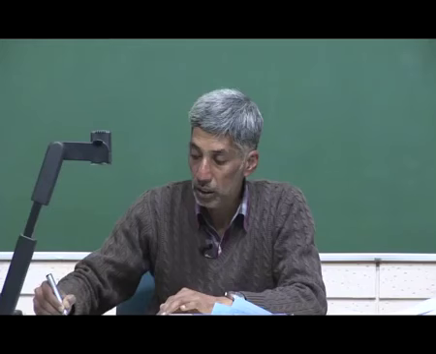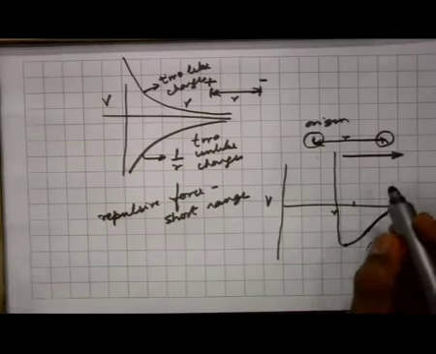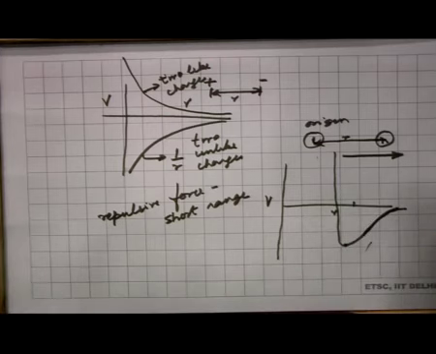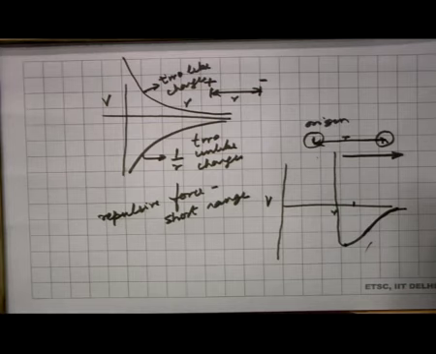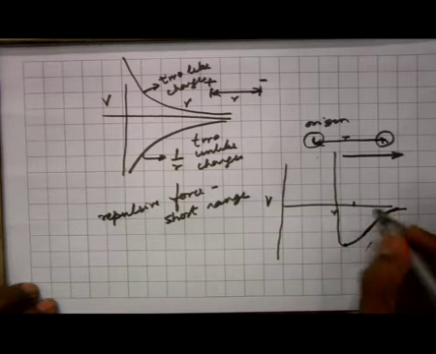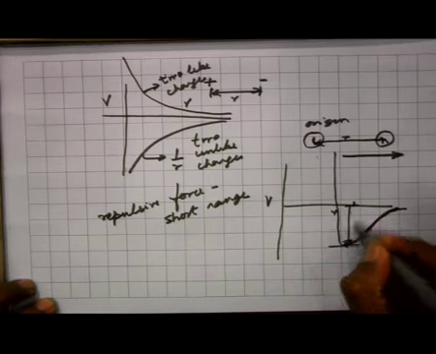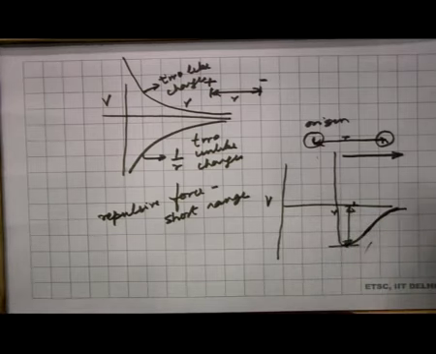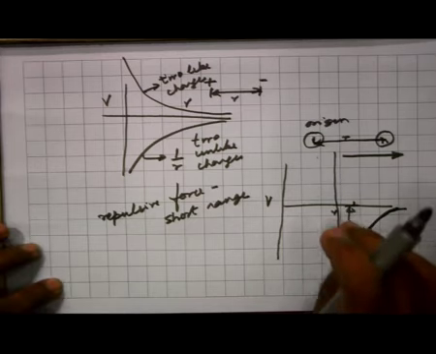So, this distance here corresponds to approximately the distance that you have between two molecules of this system in the solid state. And this here gives you approximately, for two molecules, what is the energy of interaction.